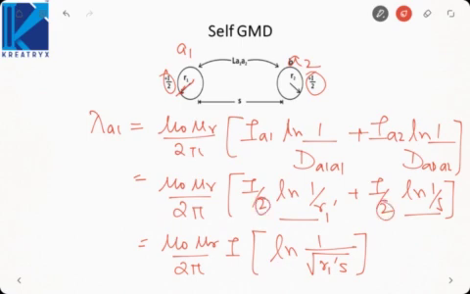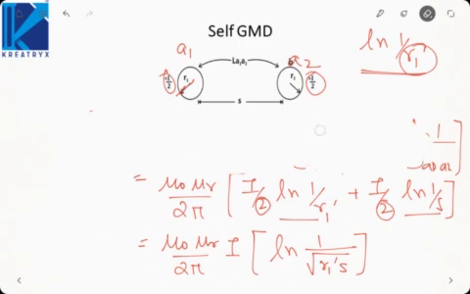So now if you see, earlier in case there was only a single conductor, then flux linkage would be dependent on ln 1 by R1 dash. But now R1 dash is replaced by R1 dash into S.